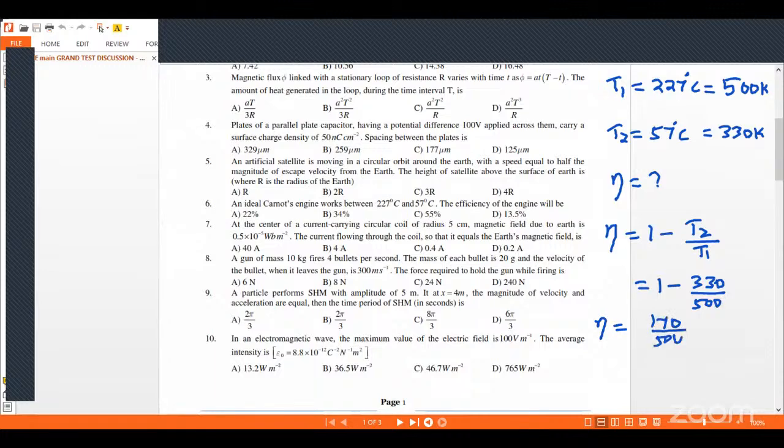Efficiency, eta equal to 170 by 500 into 100, approximately 34%. Okay? Is it fine?